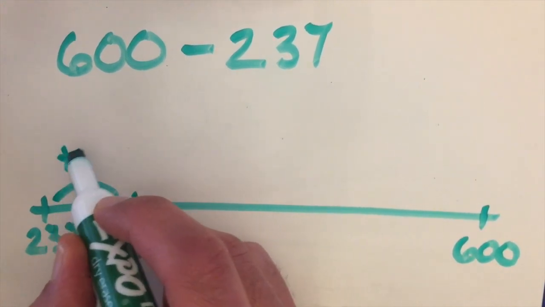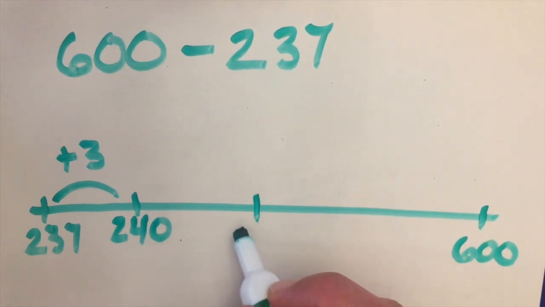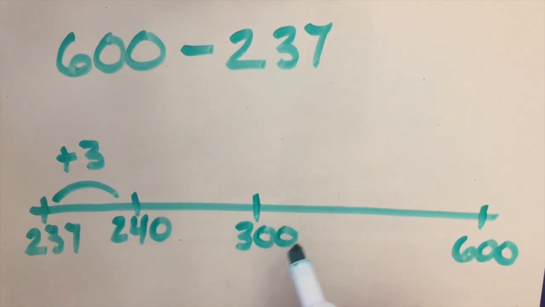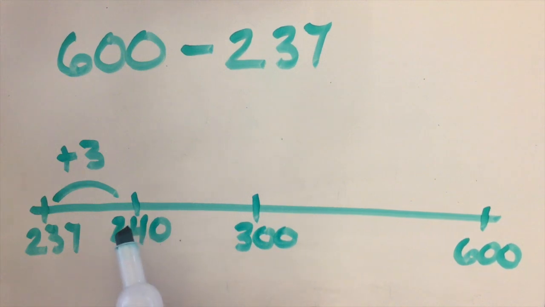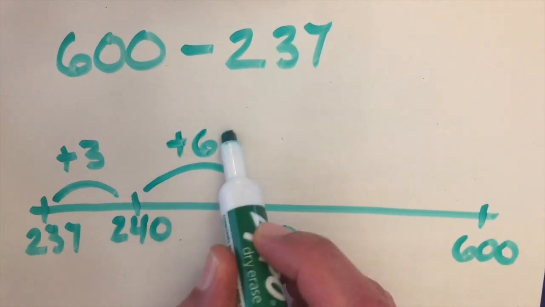That's adding 3. From 240, I'm going to go to 300. So to do the mental math, counting from 40 to the next whole 100 would be from 40 to 50, 60, 70, 80, 90, 100. I'm adding 6 tens, which is +60.